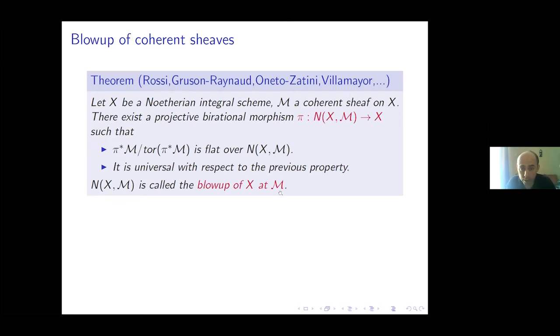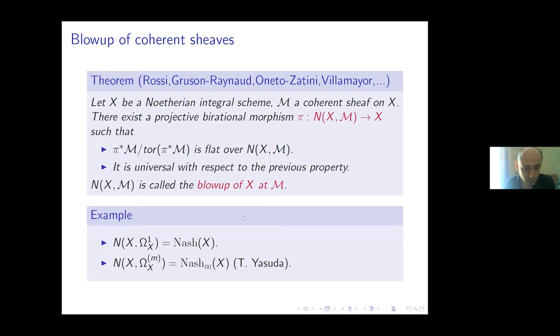For example, if you make M to be the module of Kähler differentials of X, if X is an algebraic variety, then this blow-up is nothing but the classical Nash blow-up of X. If you take M to be the module of high order Kähler differentials, I will define this in a minute, then this blow-up is what is known as the higher Nash blow-up.